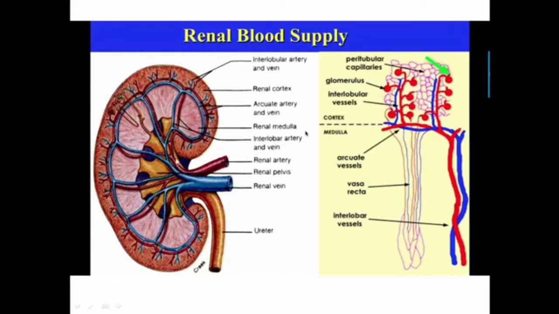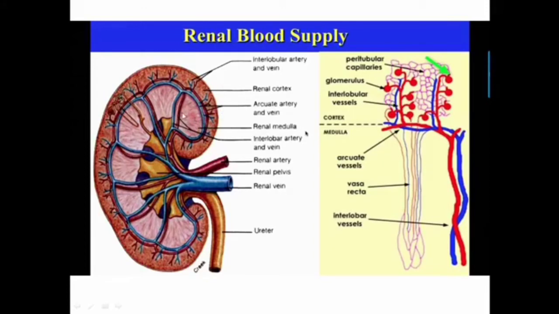Then the segmental arteries divide to form the interlobar arteries. So these are the interlobar arteries. You see here, interlobar. Why are they called interlobar? Because they are present in between the 2 lobes. A lobe is represented by this renal pyramid and the overlying cortex.